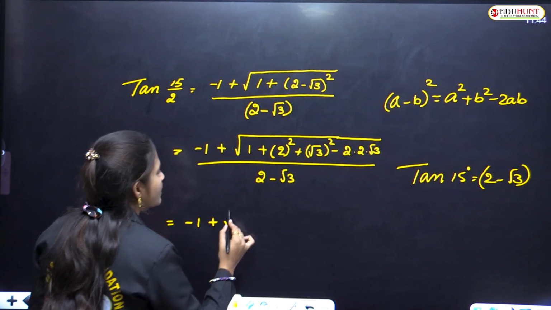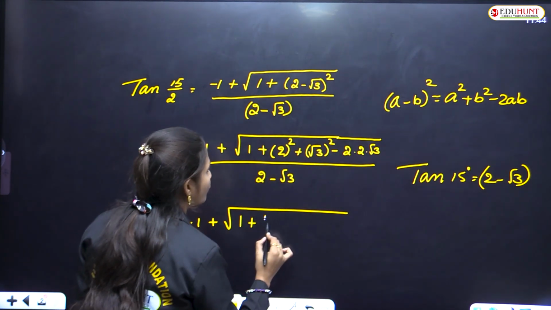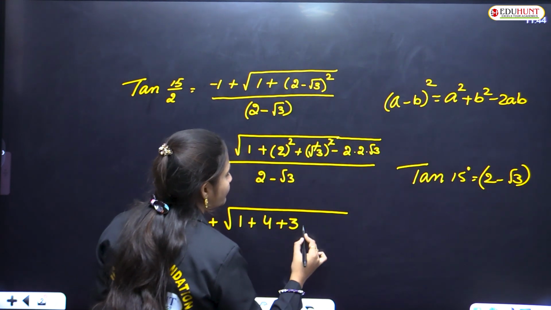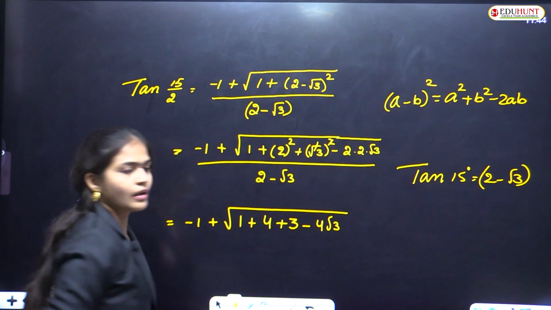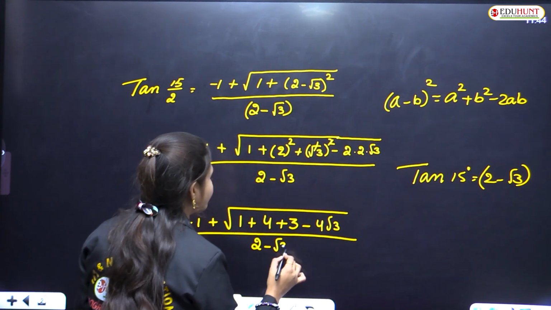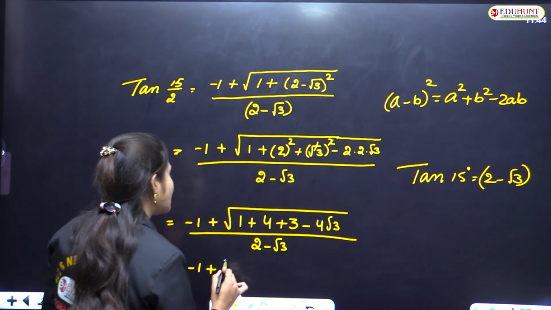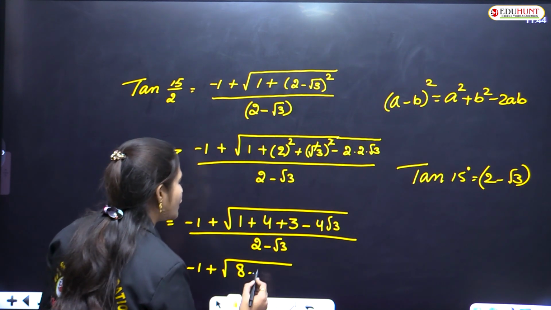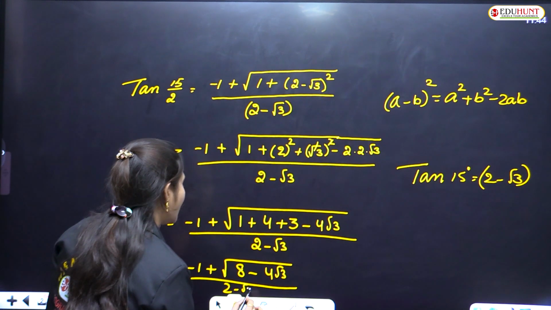Minus 1 plus square root of 1 plus 2 2's 4, plus the square and root get cancelled, so that is 3, minus 2 2's 4 root 3, whole by 2 minus root 3. From this, 1 plus 4 is 5, 5 plus 3 is 8. So 8 minus 4 root 3 whole by 2 minus root 3.